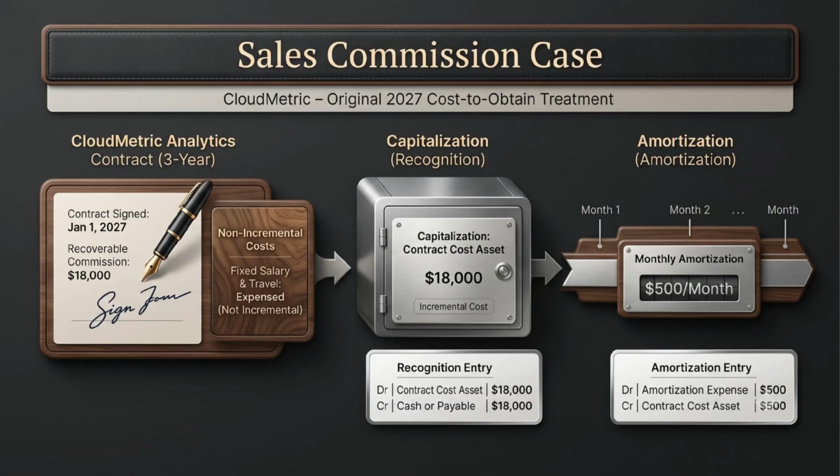The contract term is 36 months, so monthly amortization is $18,000 divided by 36 months, which equals $500 per month. Each month, the entry is debit amortization expense $500 and credit contract cost asset $500. Fixed salary and bid travel are expensed as incurred because they fail the incremental test.